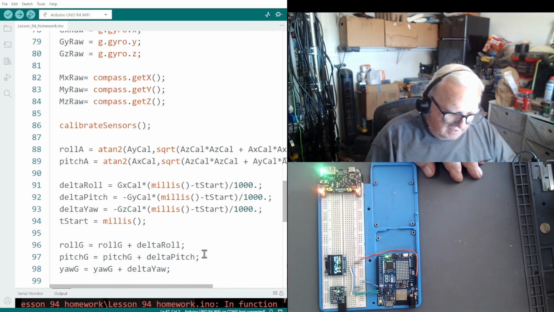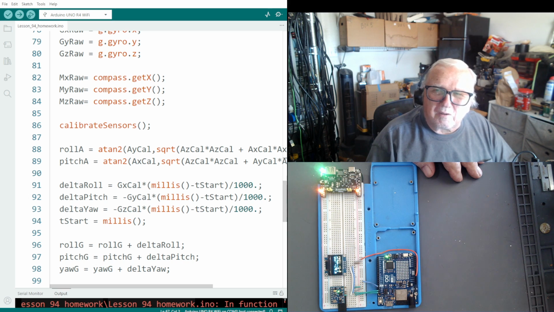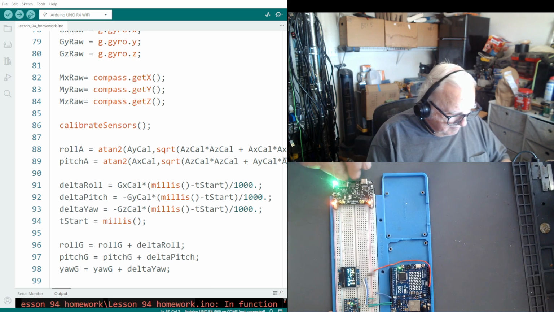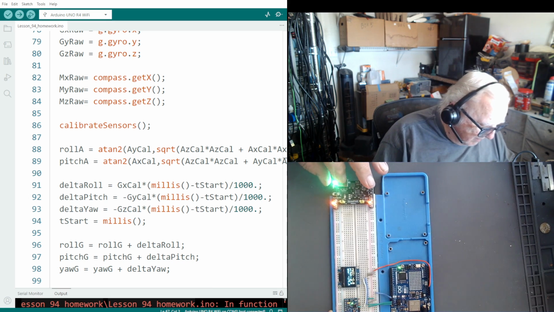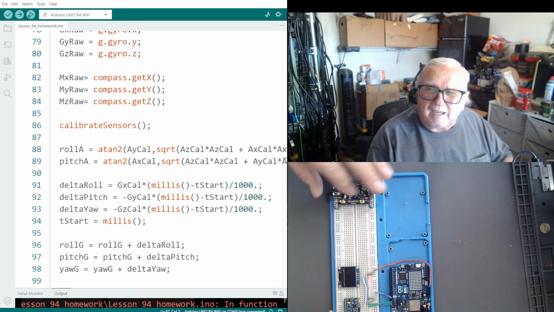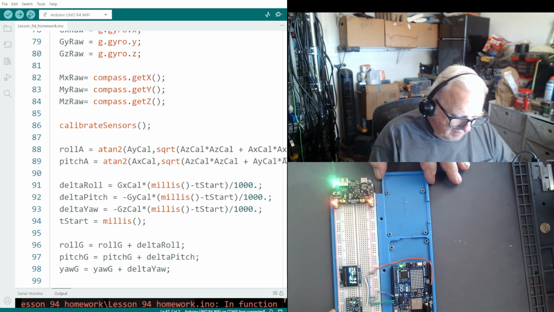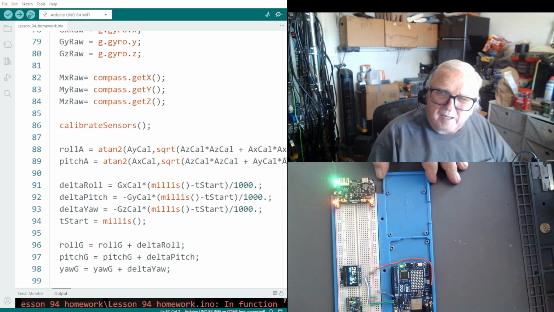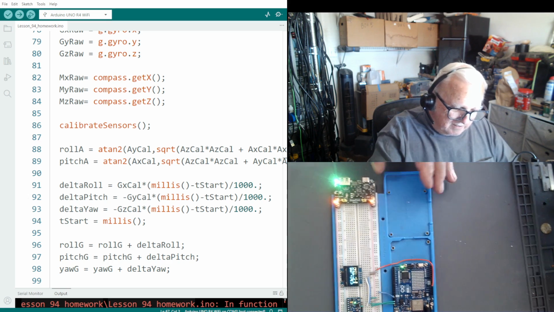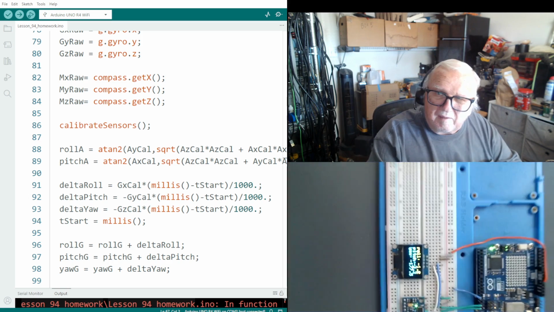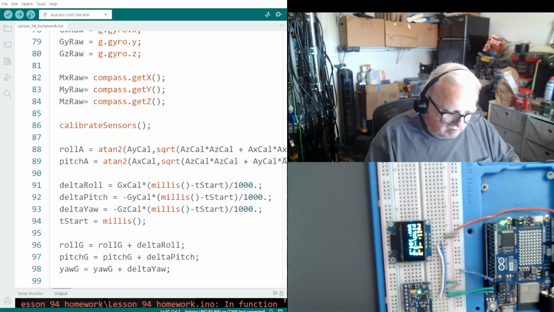So anyway, I don't have this hooked up to the computer, so what I'm going to do is turn on the breadboard and power it up. Here we go. Then it powers up. I don't know if you can actually see those displays very well. Let me get a little closer.